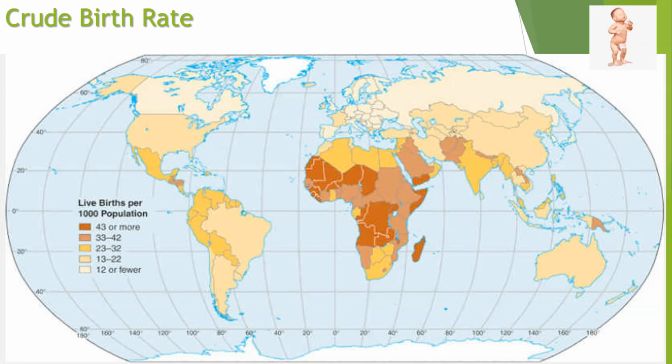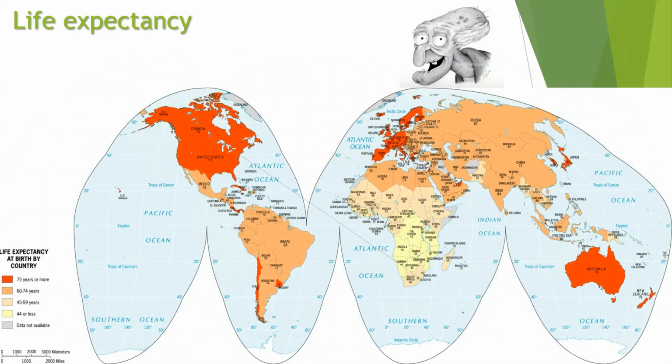So crude birth rate, again, as you can imagine, sub-Saharan Africa, very high number of live births per 1,000, still seeing a little bit of that in South Asia. In the developed world, a much lower CBR. Life expectancy, again, in developed countries, going to be significantly higher.